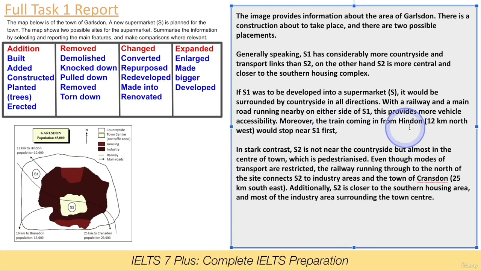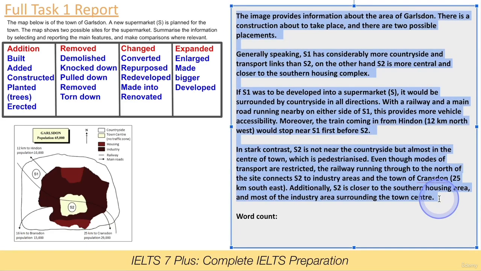Moreover, the train coming in from Hindon would stop near S1 first before S2. Maybe we can leave it at that, make it more specific to the map. Okay, brilliant. Well, now it is time to count the words. So we'll see how we've done here.